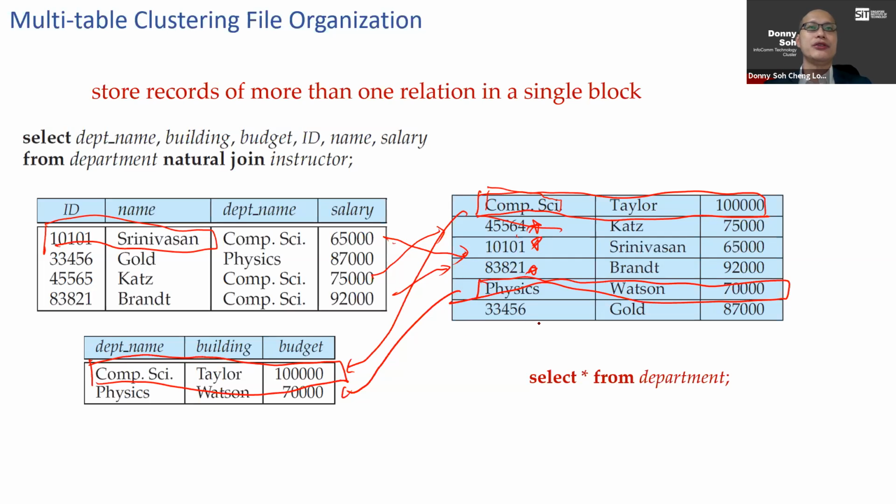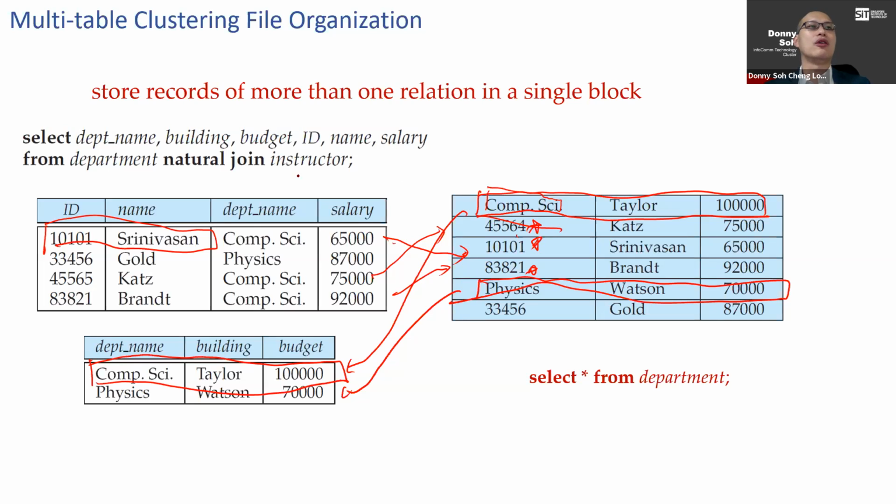And this Mr. Gold is taken from the physics department. This is a very good arrangement for a very quick query if I want to select everything from a certain department.